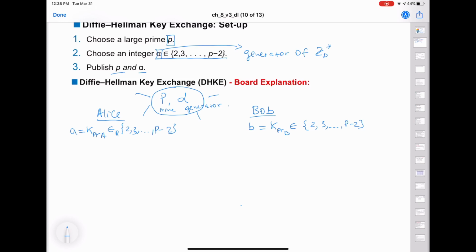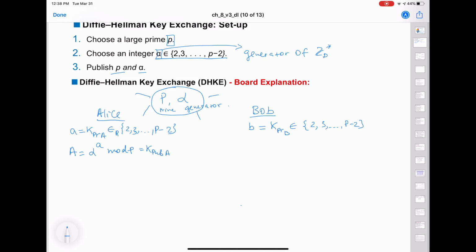The next thing is they have to make a mixture, and they will share their mixture. They want to come up with the same color. So first thing is, how do they mix it? Alice will have a generator alpha. It makes alpha to the power of a modulo p, and this is going to be the public key of Alice.